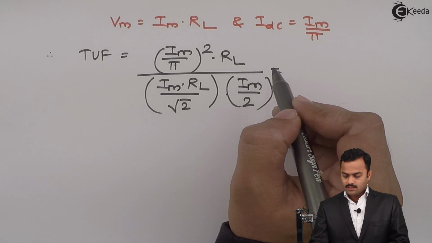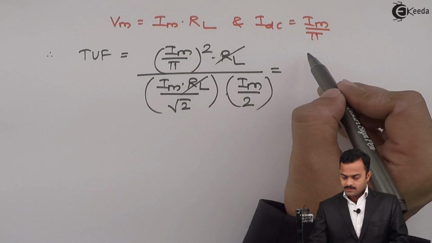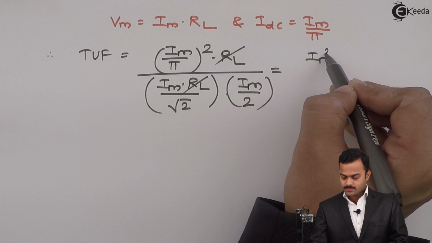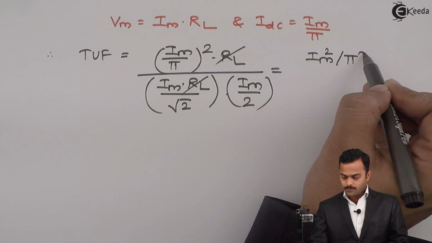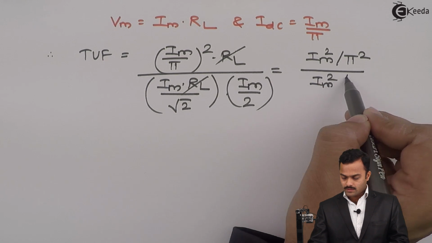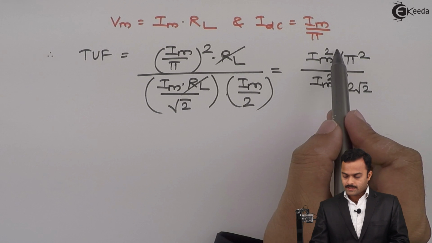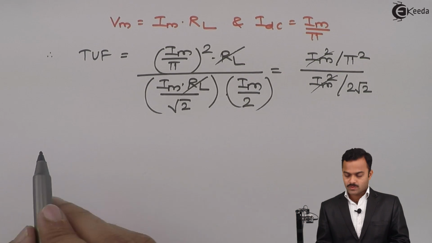So, if I cancel this RL, here is Im square upon pi square divided by Im square upon 2 root 2. Again I can cancel Im square and Im square.